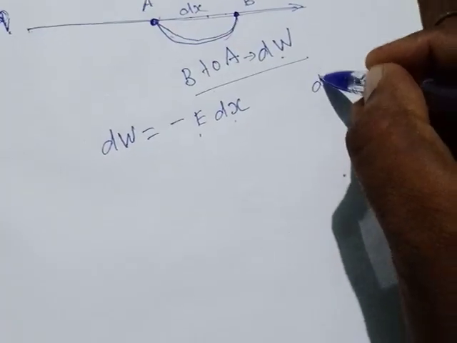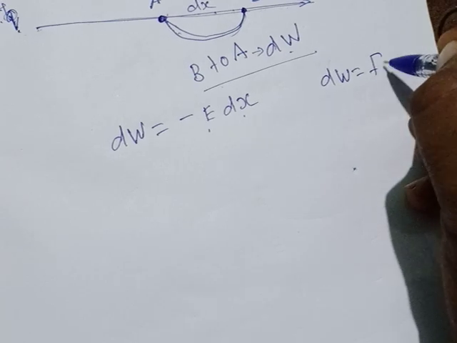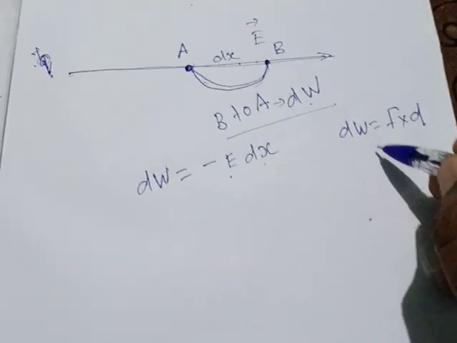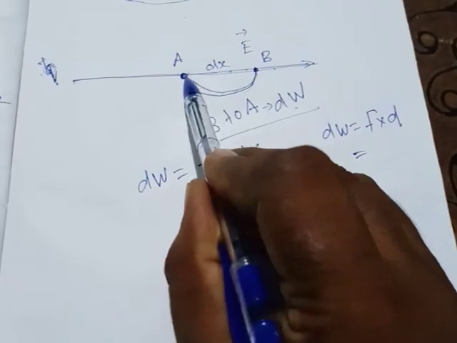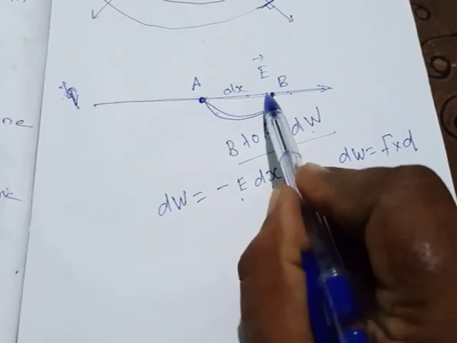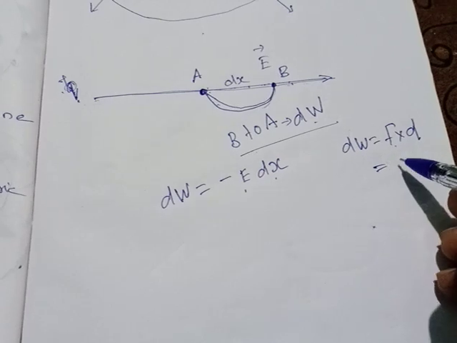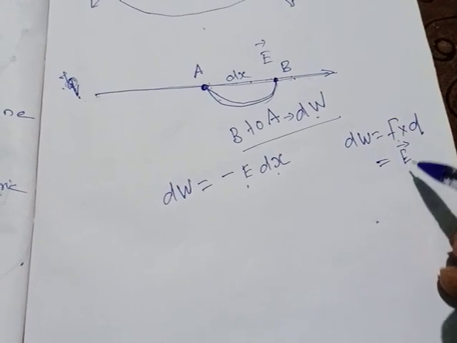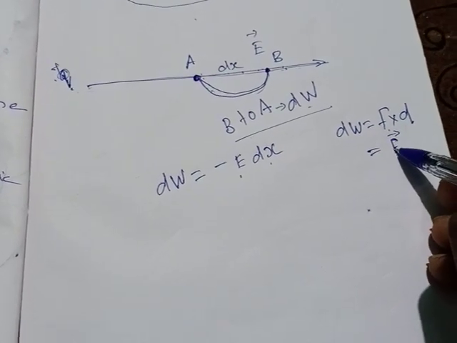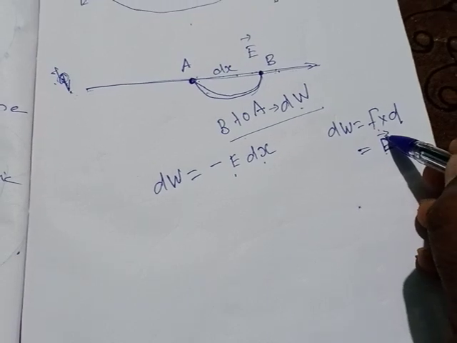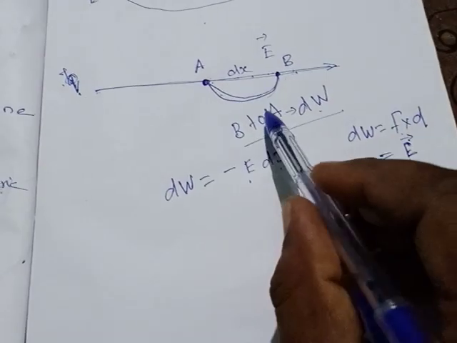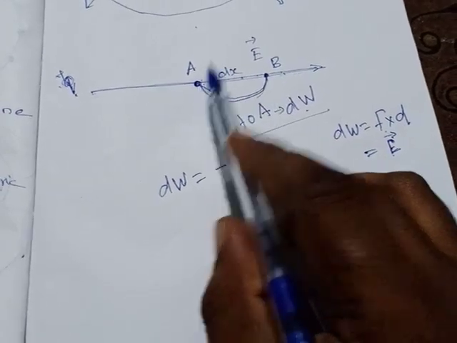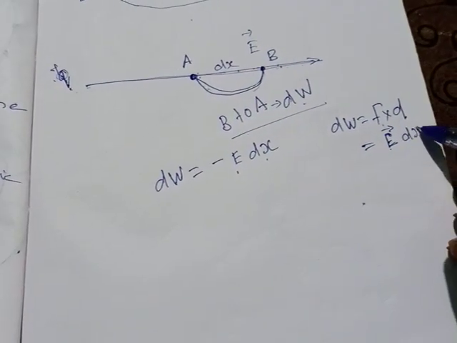We know the formula, work done is equal to F into D. And here the force is created by what? This electric field line is experiencing a force. Due to this electric field, it experiences an electric force. And the distance moved from position B to A is dx.